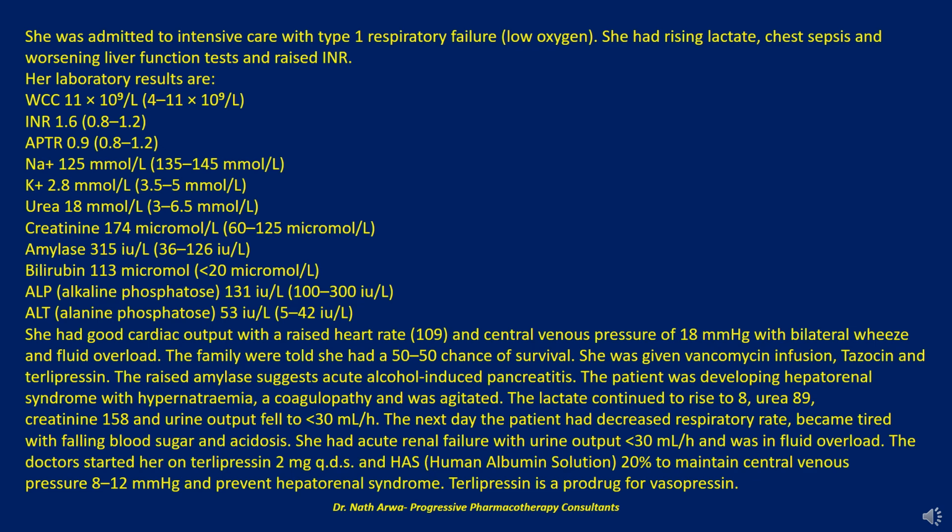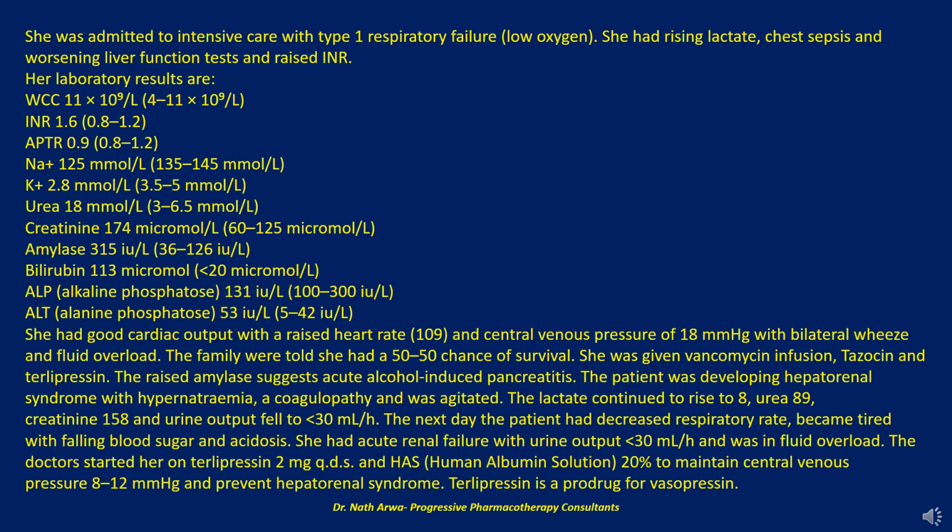Amylase 315 international units per liter. The reference range is 36 to 126 international units per liter. Bilirubin 113 micromoles per liter. The reference range is less than 20 micromoles per liter.